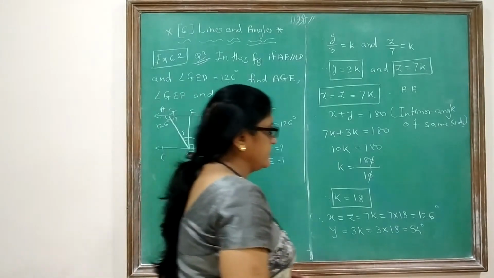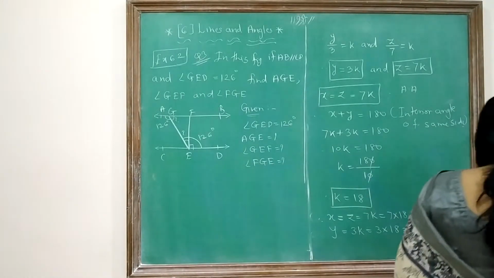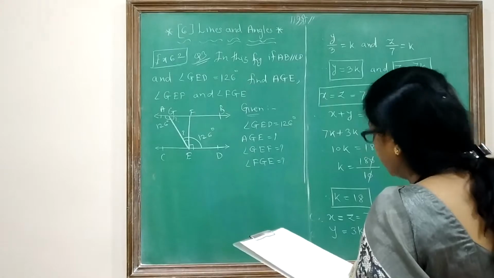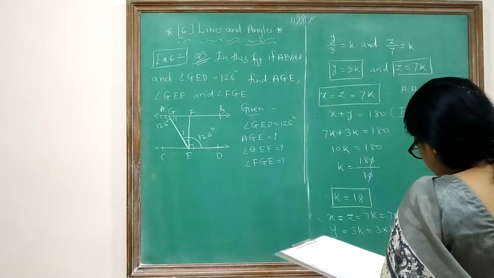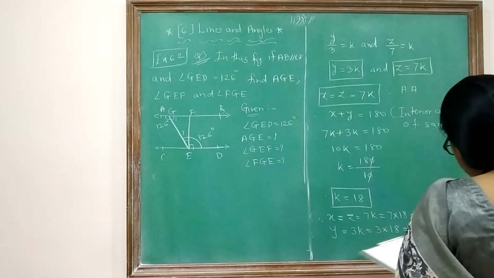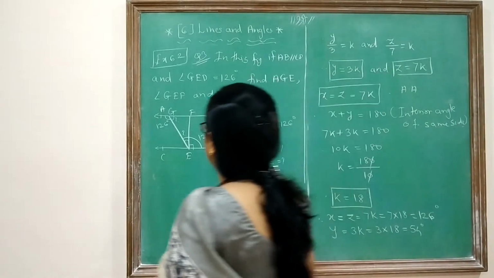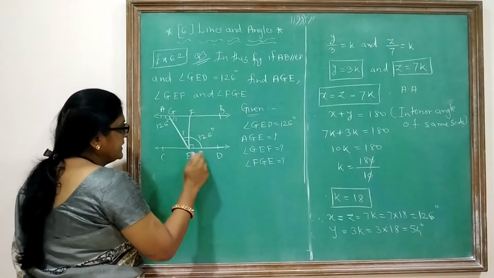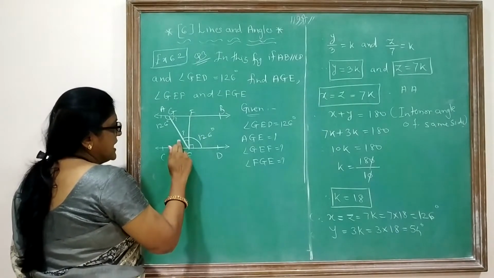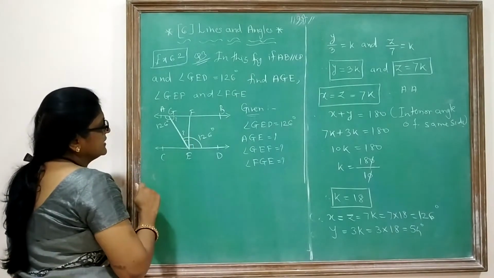Then first we will check your example again. Your question is right or wrong. Correct. Then here 90 degree is given. This APD is 90 degree is given, and this whole is 126 degree.